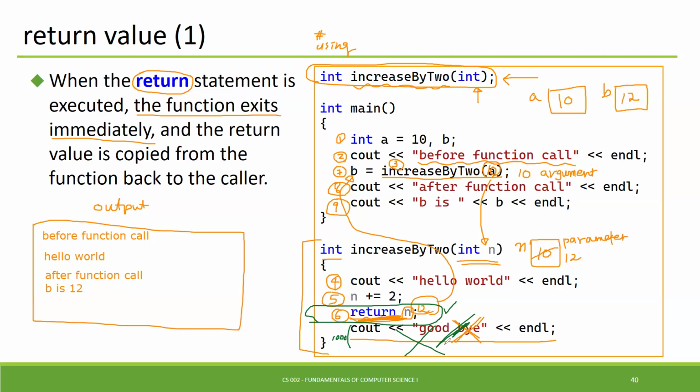Is it possible to have multiple returns in one function? Yes, it is possible. I have more sample examples after this. And there was a question on the chat.